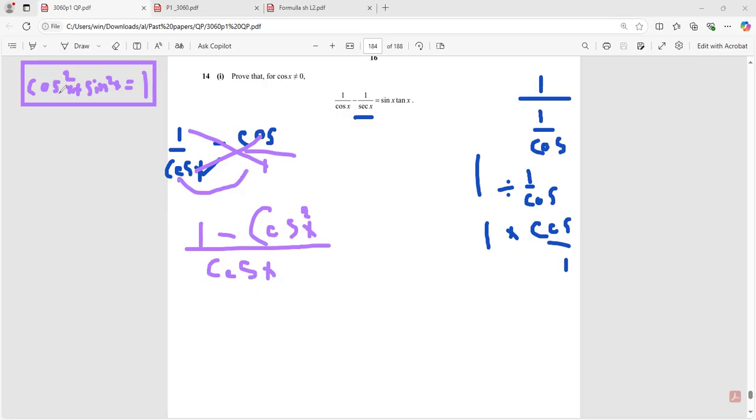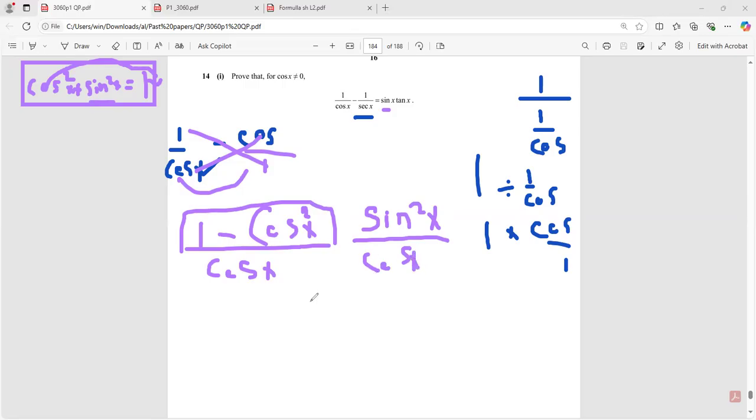Remember that 1 here, if you change it, with cosine x, you will get the sine, and here we needed the sine, so we can change the numerator 1 minus cosine squared x to sine squared x over cosine. So we are going to say it is sine x multiplied by sine x over cosine x.